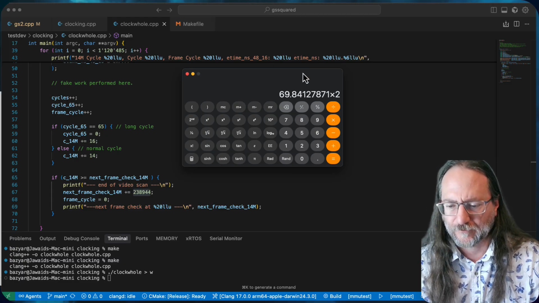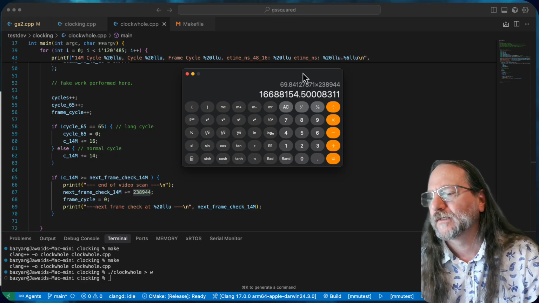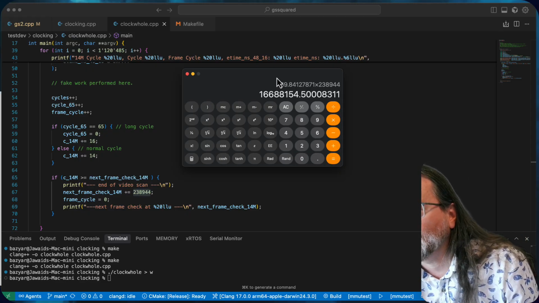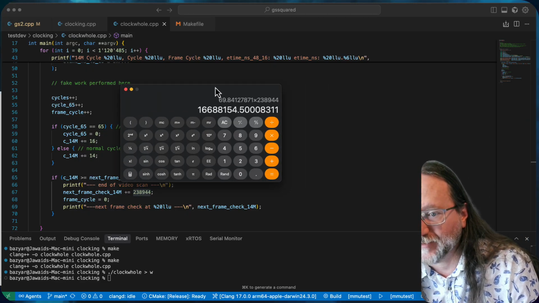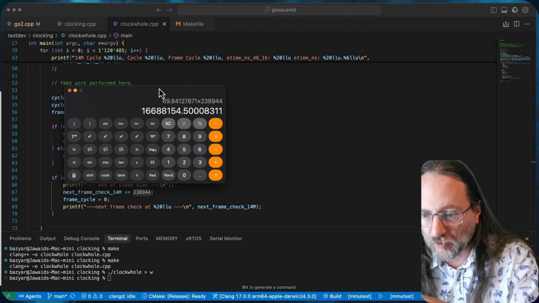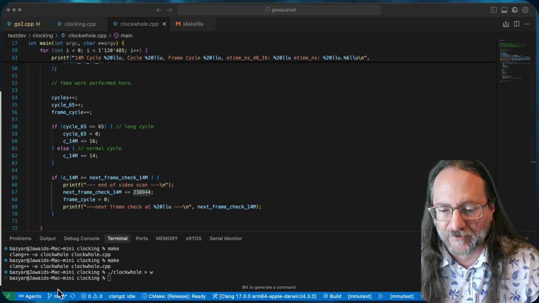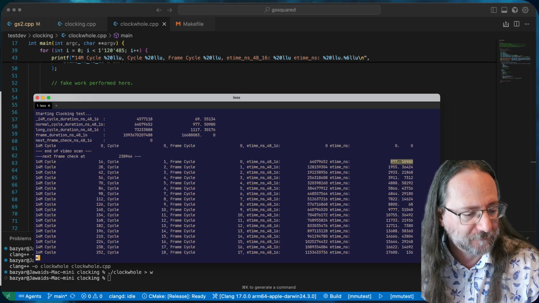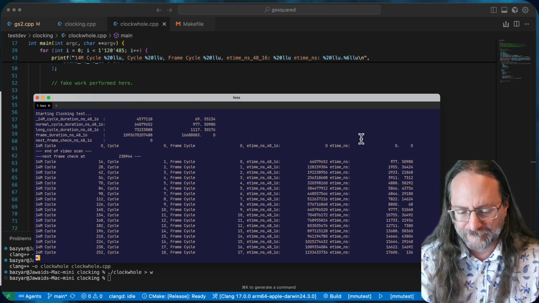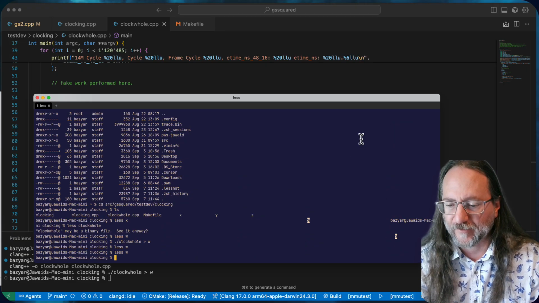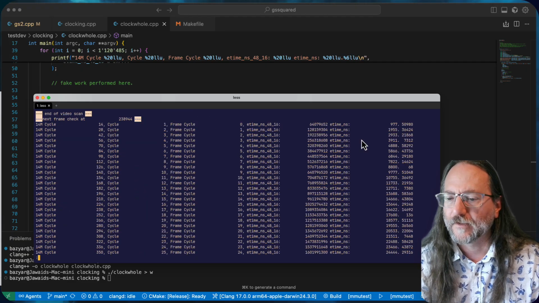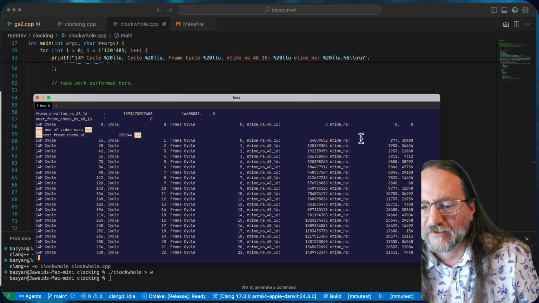Okay, 238,944. So this is how long the frame should be, using more precision in my calculator here. So let's go take a look at the end of the frame here and see where I'm at.